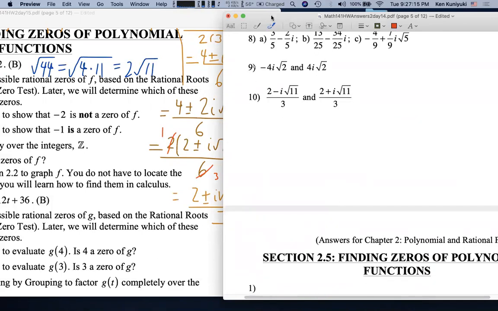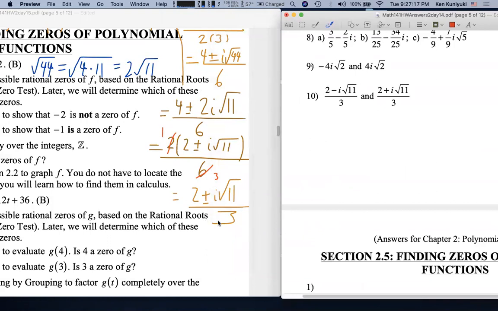No, I didn't bother. And in fact, you can use the plus or minus here. That's fine. Technically, this is better to write because it's clear that there are two solutions. One problem with the plus minus is that it may not be clear to people that there are two solutions. They might think that you're just unsure. But yes, 2 plus or minus i root 11 all over 3. Of course, you can rewrite this in standard form. Oh, you're very welcome.